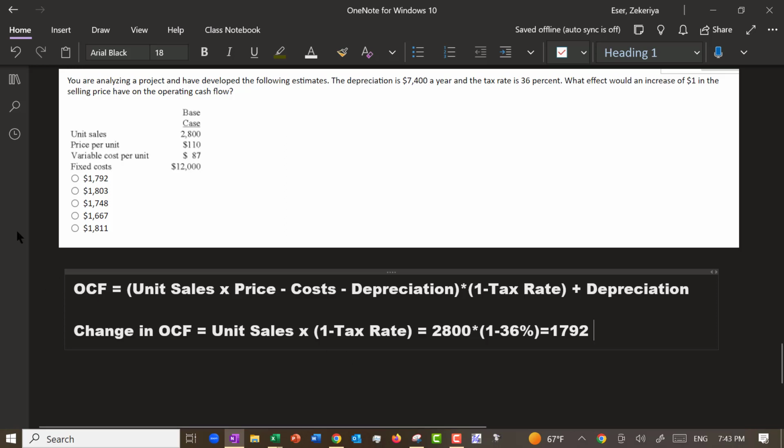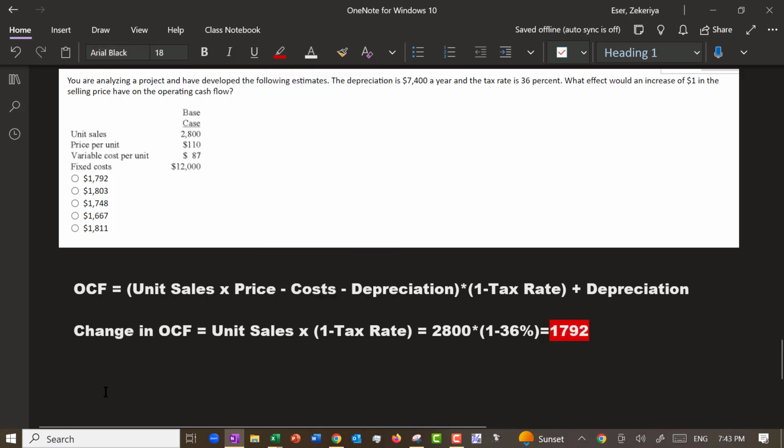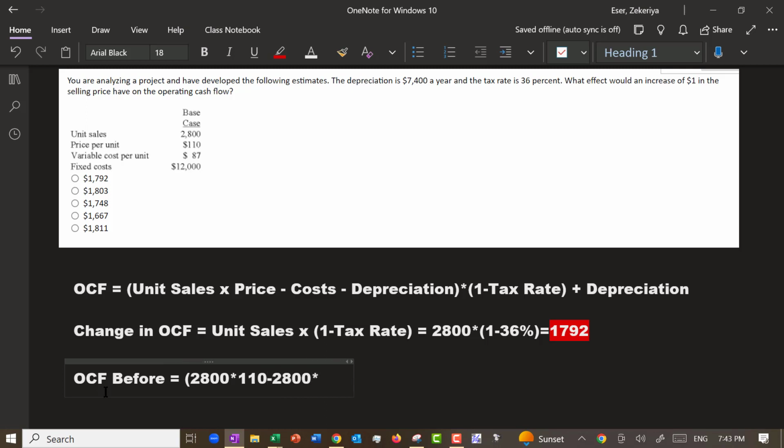Alternatively, you're going to calculate OCF before: 2800 times 110 minus 2800 times 87 minus 12,000 minus depreciation, times 1 minus tax rate, plus add back the depreciation.